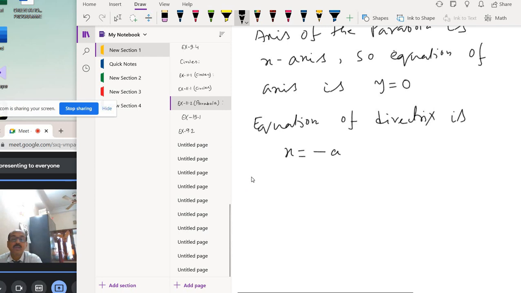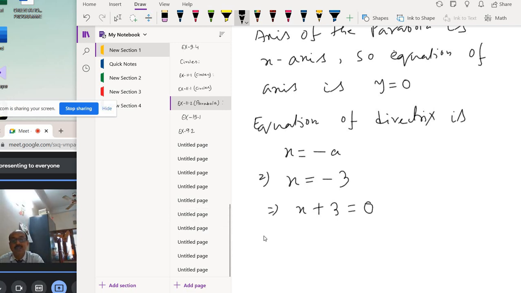So it is x equal to minus, and a is 3, so minus 3. That means x plus 3 equal to 0. Okay, this is the equation of the directrix.